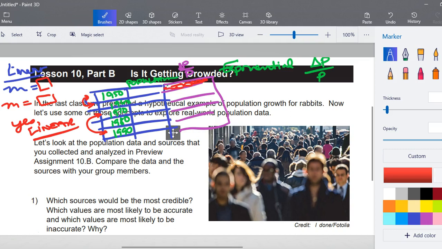But we can calculate it for this line because we would take the ending number minus the beginning number and divide it by the beginning number, and we can put it here. We did leave it as a decimal, and then we could do the calculation again. We would take ending number minus beginning number divided by beginning number and put it here, etc.